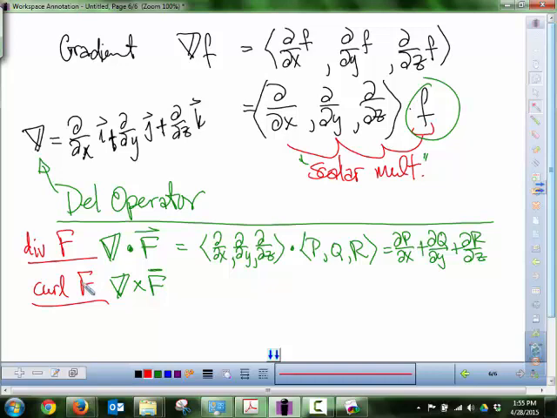So these, by the way, are called the div and the curl. For the second one, you'd have to set up the i, j, k, partial with respect to x, partial with respect to y, partial with respect to z, and then P, Q, R. So this is going to be a little more work to do.